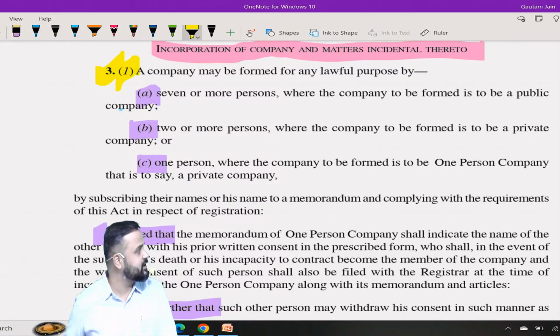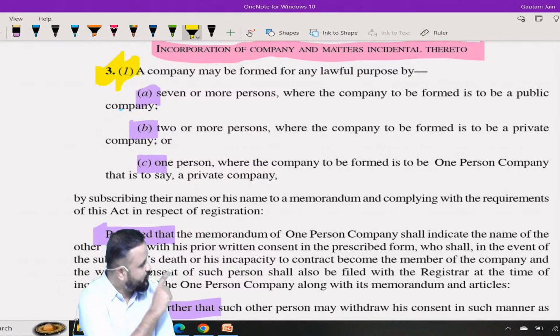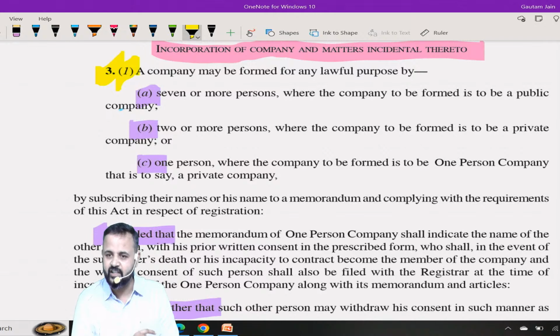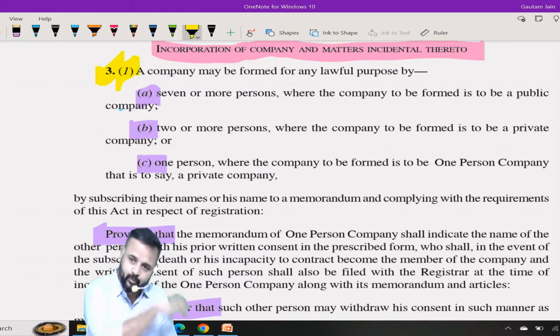Then I have highlighted a few more words for you here. If you can recall, what is it? Provided that, what is it? I am not asking you to read it. Proviso. That means exception. That means a special case. Provided that, provided further that, provided also that. Isn't it? So, sub proviso. But there is not only one single proviso; a proviso has got a sub proviso.